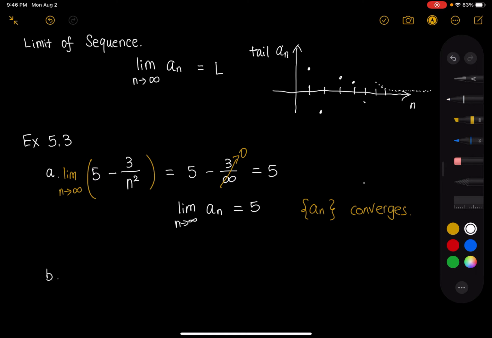Let's take a look at part B. We have the sequence (3n^4 minus 7n^2 plus 5) divided by (6 minus 4n^4).